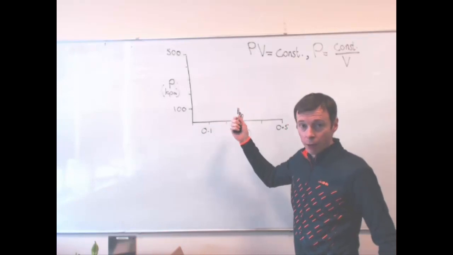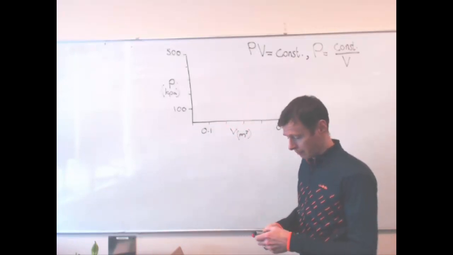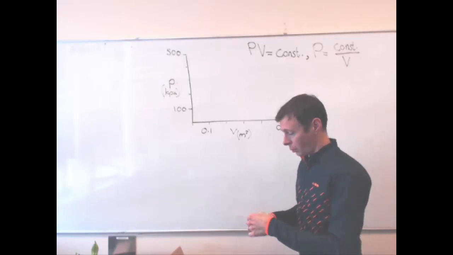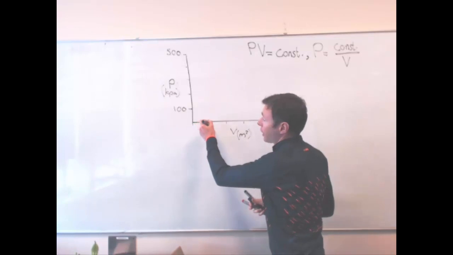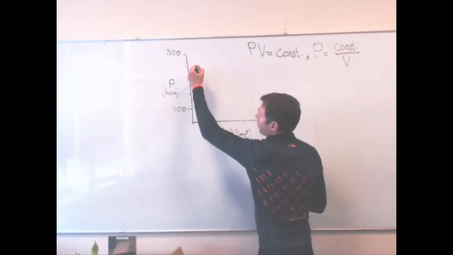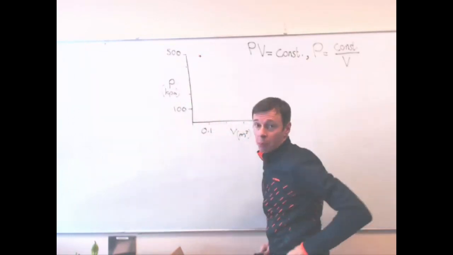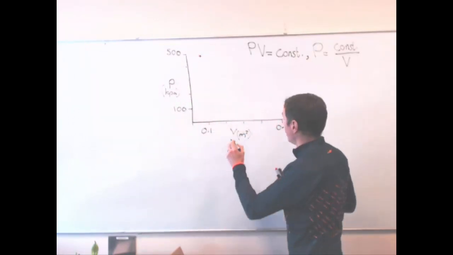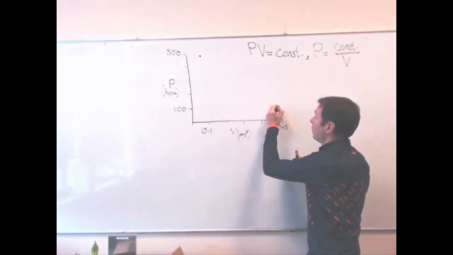Right, so I've drawn a PV diagram and I've labelled the axes. So we'll put our start and end state. We know the property of state at point 1, we're told in the question, here. And then because PV equals a constant, and we knew P2, we know our end state, which is down here.